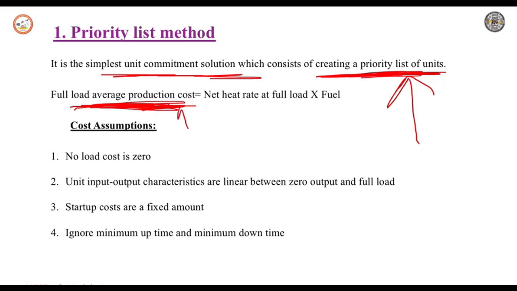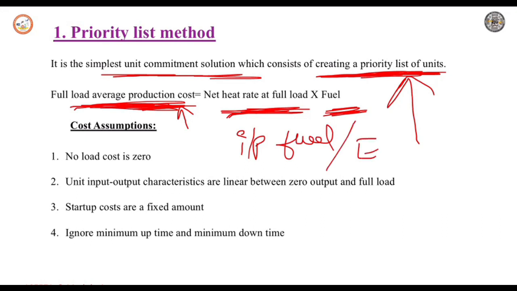This full load average production cost can be determined by the net heat rate at full load times the fuel cost, where heat rate is nothing but the input fuel divided by the energy output.